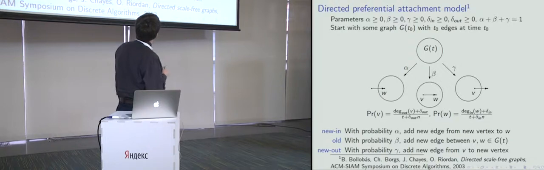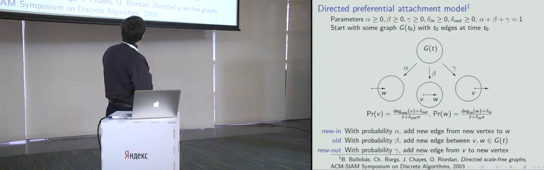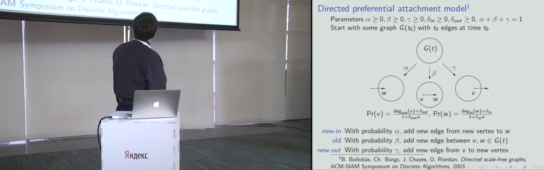Time starts with t0, that is the number of edges in the start graph, and it makes several steps. Every step first selects a random process. There are 3 processes.